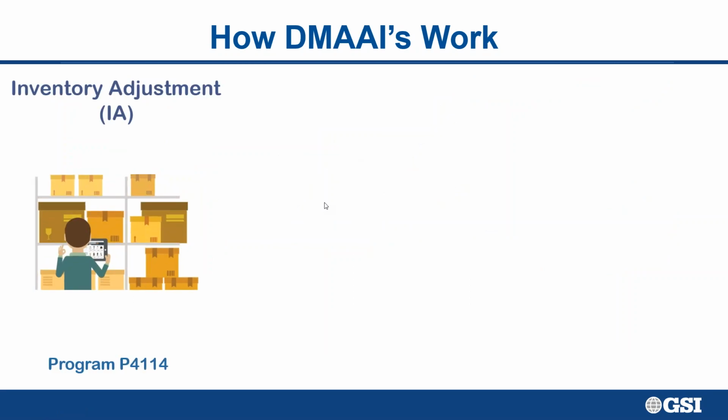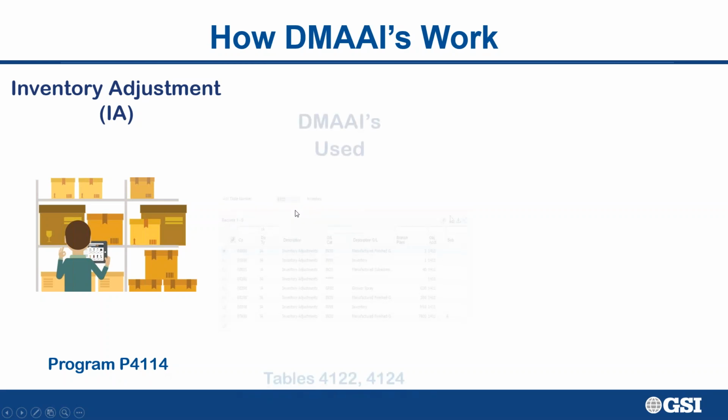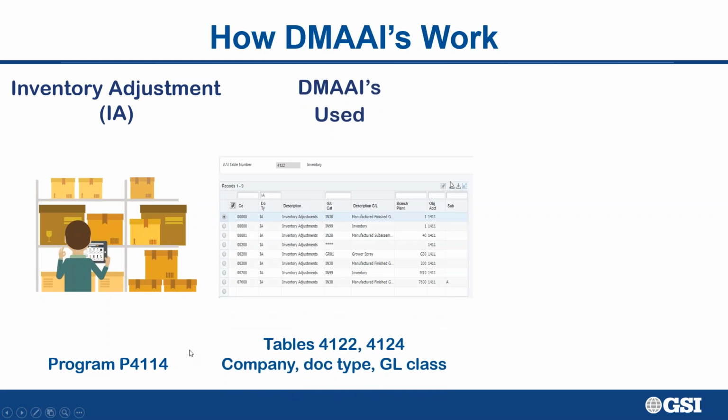Okay, an example of how they work. Let's say we're adjusting in some inventory. So you go to your inventory adjustment program on the main menu. The program behind the scenes that option will call is P4114. So that's the program for inventory adjustments. Now this program is hard-coded and it knows that, well, I'm doing an inventory adjustment.